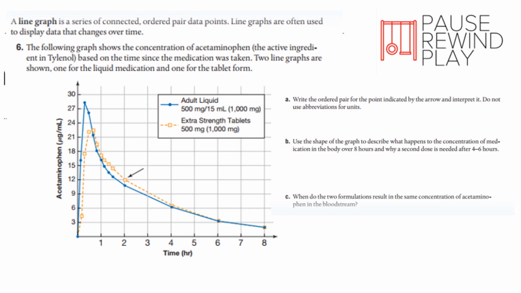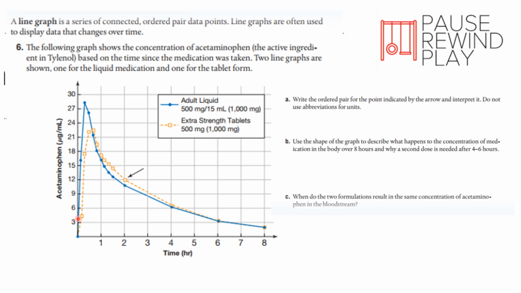Now, a line graph is a series of connected ordered pair points, and often they display what's happening over time. So if you have time in hours, and here you have the concentration of the medicine, they can use liquid or they can use tablets. Tablets metabolize slower, because other things are happening, and so you don't get quite the boost and the absorption so fast.